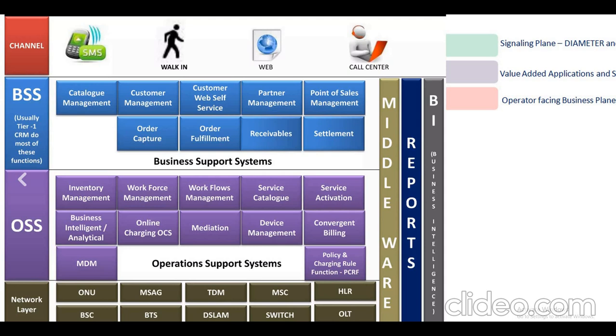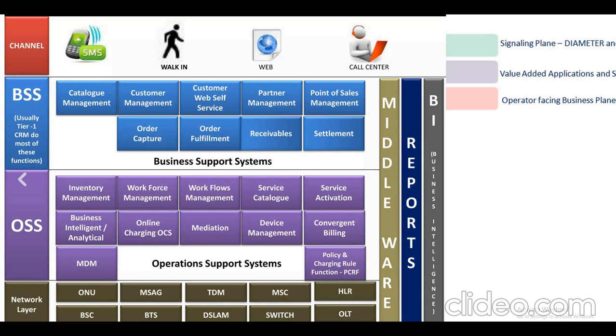There is one more layer, the network layer. This is very important in the telecom industry where you are providing services like HLR and OLT. These are the network layers where network elements are, when you feed commands from the SAP system to the network layer, such as TDM and BTS. These perform a very key role.